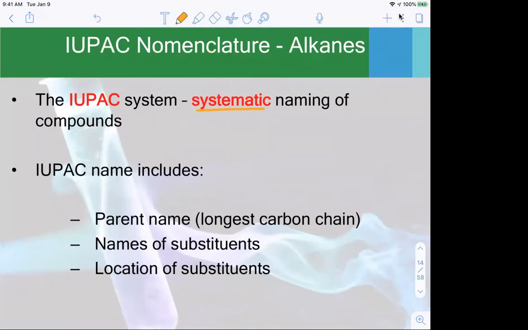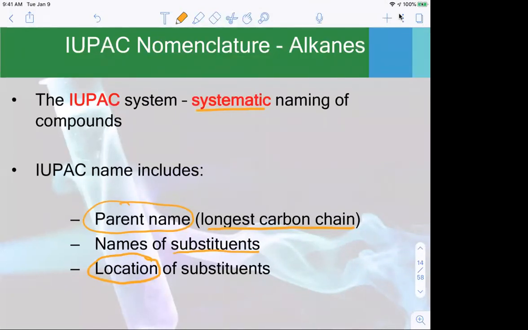I want to look at the parent name, which is always related to the longest continuously connected carbon chain. I want to name substituents. Those might be various branches that occur off of my longest carbon chain. And an important piece is I want to be able to describe the location of those substituents.